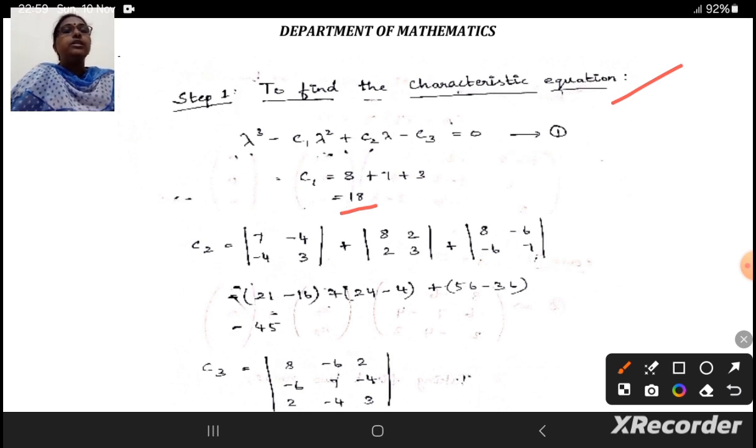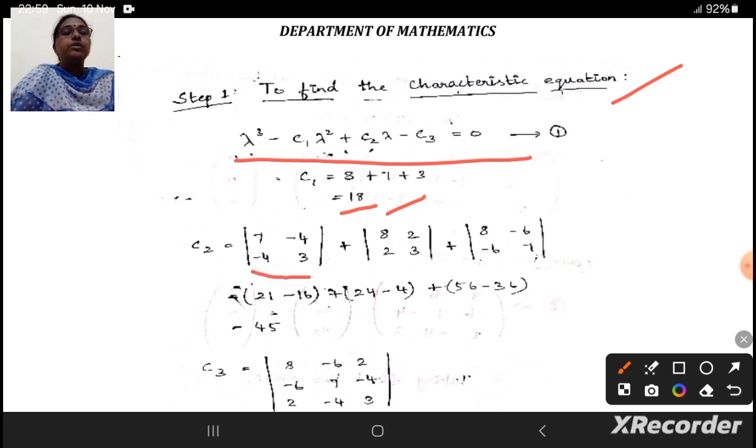First, calculating the characteristic equation, the general form is lambda cube minus c1 lambda square plus c2 lambda minus c3 equal to 0, where c1 is the sum of the main diagonal elements, that is 8 plus 7 plus 3 is 18. Then c2 is the sum of the minors of the main diagonal elements.